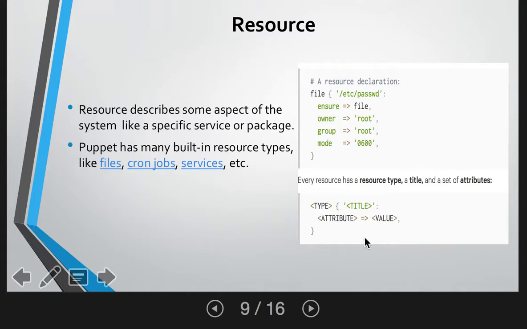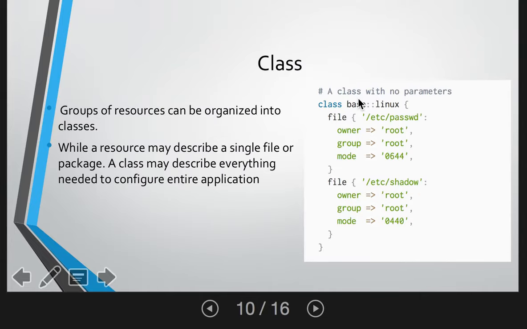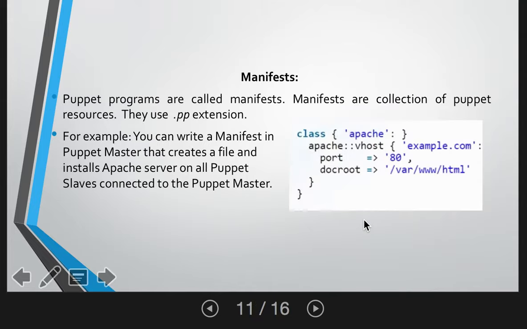This is the syntax of a resource, and here is how we describe a file type resource. Next is class. A class is a group of resources. It's just resources bundled up in curly braces. A manifest is a Puppet program.